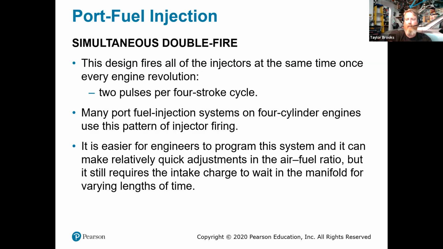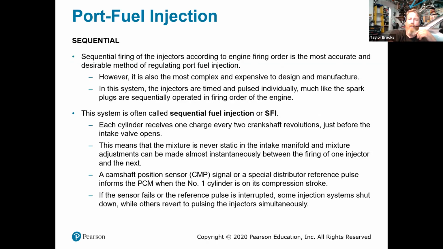Typically the way it's going to work is, in those instances where we have the exhaust stroke coming, or the pistons coming up, we're going to spray fuel and it's going to be pushed back into the manifold and then used at a different time.